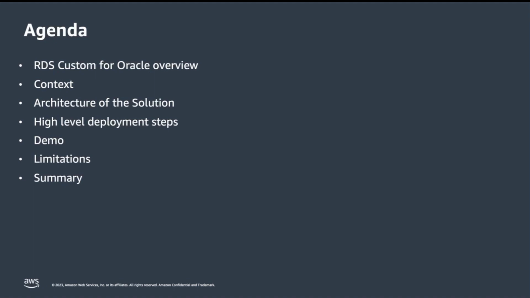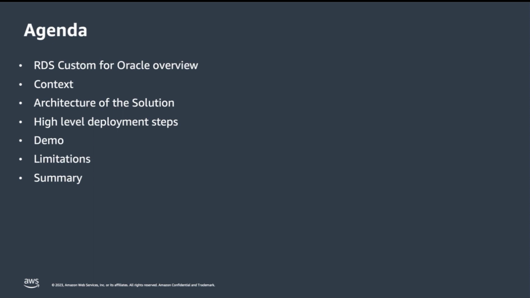A brief agenda for today's video. Let's begin with an overview of the Amazon RDS Custom for Oracle service. And then I would like to provide context around why we came up with this solution, how it will help the customers, and the use case for this particular solution. Then I'll get into the actual architecture for the solution itself.